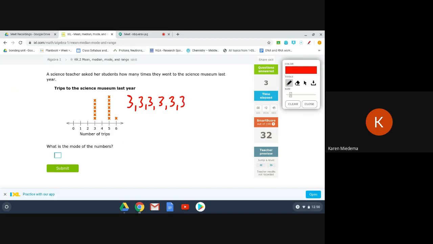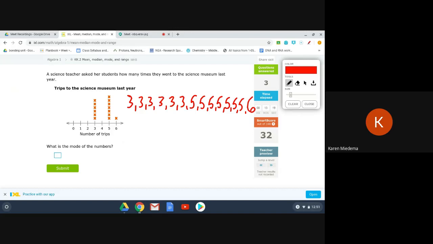If I count how many 5s there are, there's 1, 2, 3, 4, 5, 6, 7. So next I would have 5, 5, 5, 5, 5, 5, 5. And finally, I have one data item of a 6. But it's not actually necessary to write it all out for this problem.